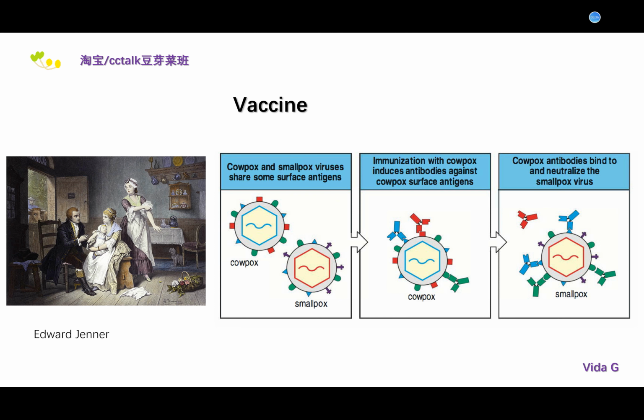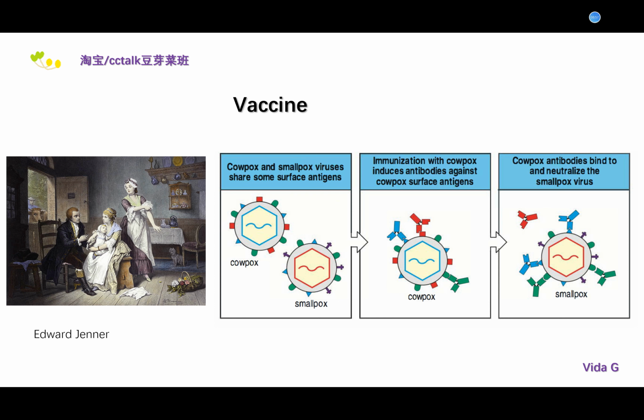So during the second infection of the real virus, we already have the antibodies developed by the vaccine, so we will no longer be infected by the same virus. And the very first vaccine was invented by Edward Jenner.